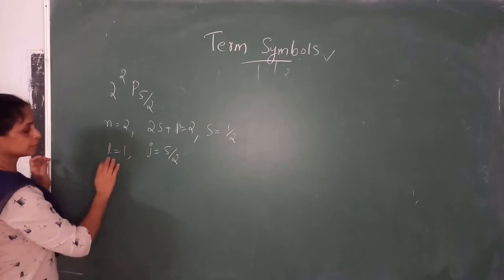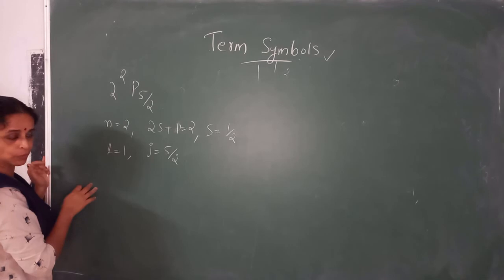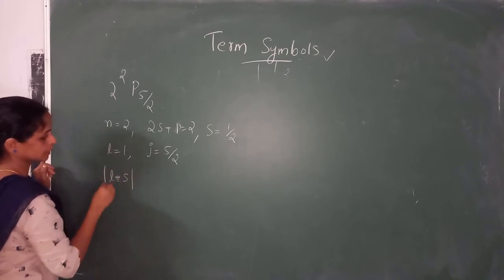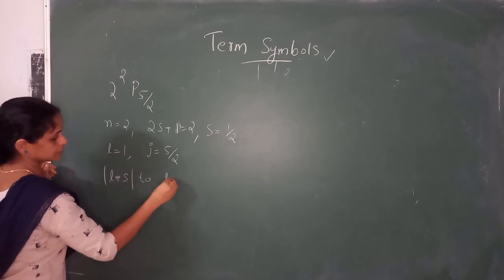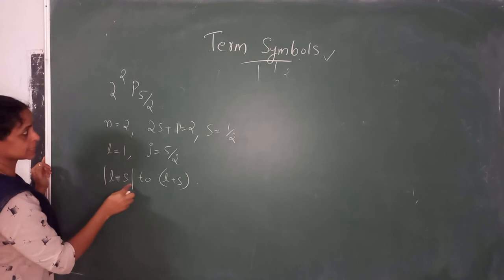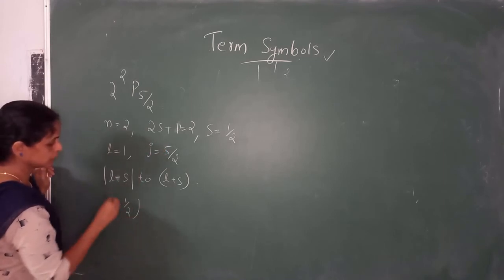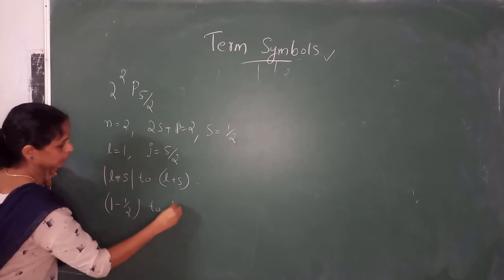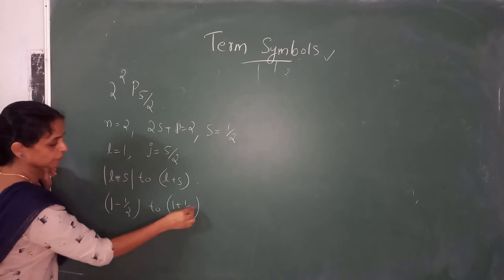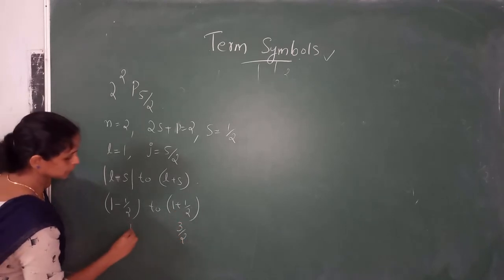So from the L and S values, what are the different possible values for J? That is L minus S to L plus S. Then what is L minus S? L equal to 1, so 1 minus 1 by 2 to 1 plus 1 by 2. This is the maximum value: 1 plus 1 by 2 is 3 by 2, and 1 minus 1 by 2 is 1 by 2.